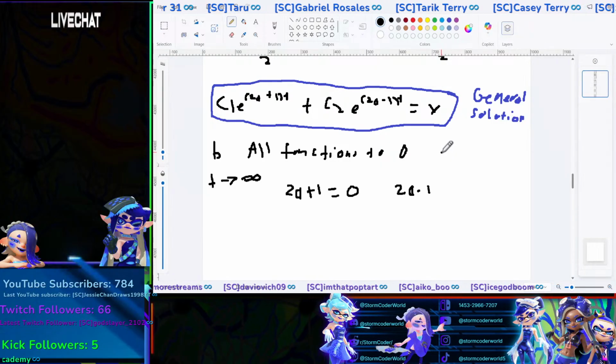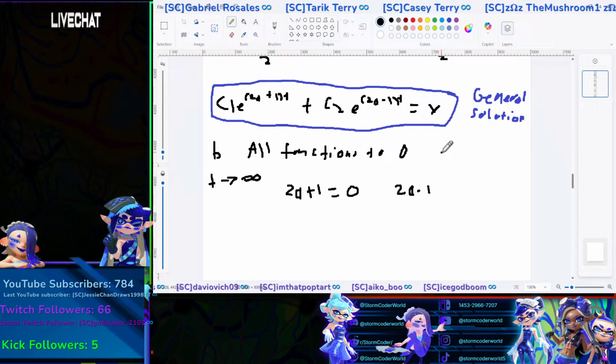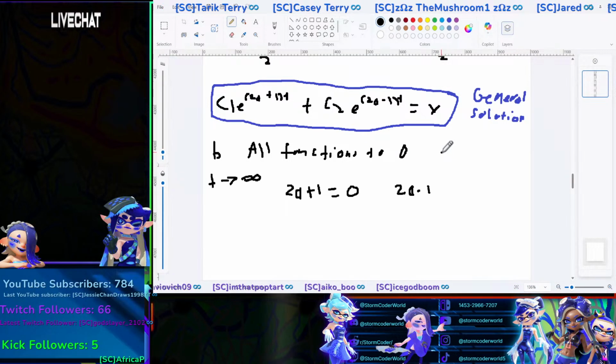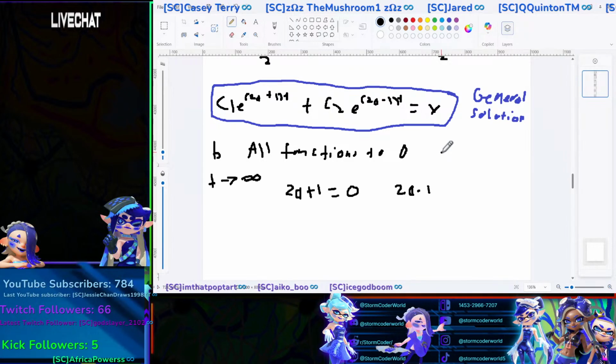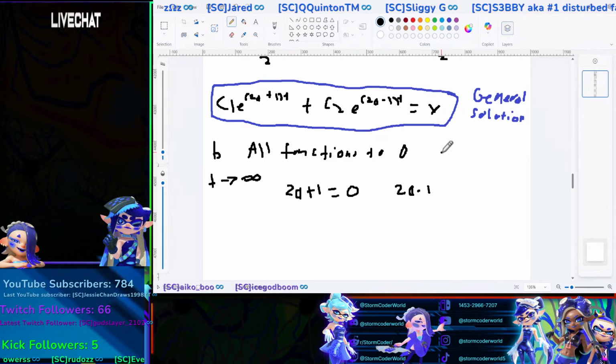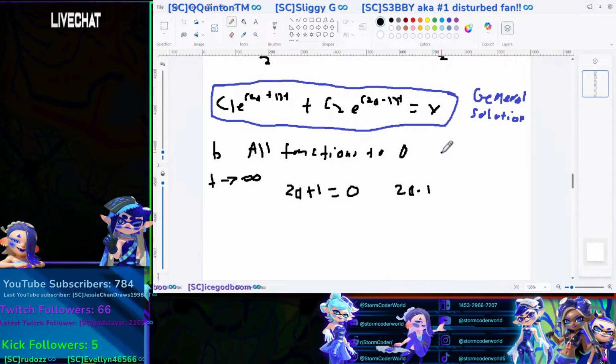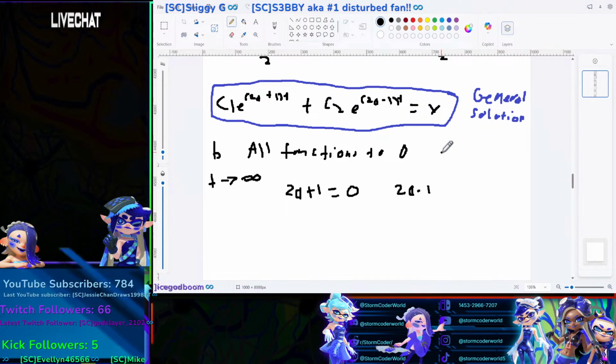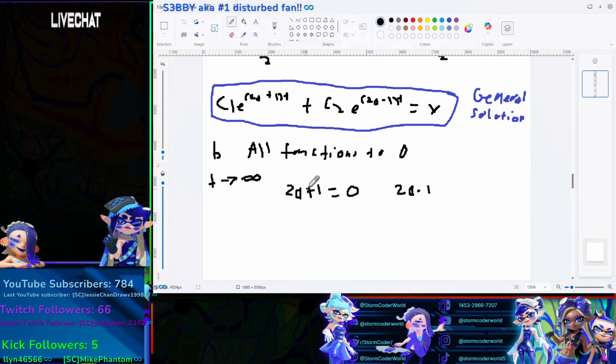Now, for the one on the right, I'd want the number to be low enough for this to always be negative, which is pretty easy to do. But for this left one, this is the one I actually need to balance out.